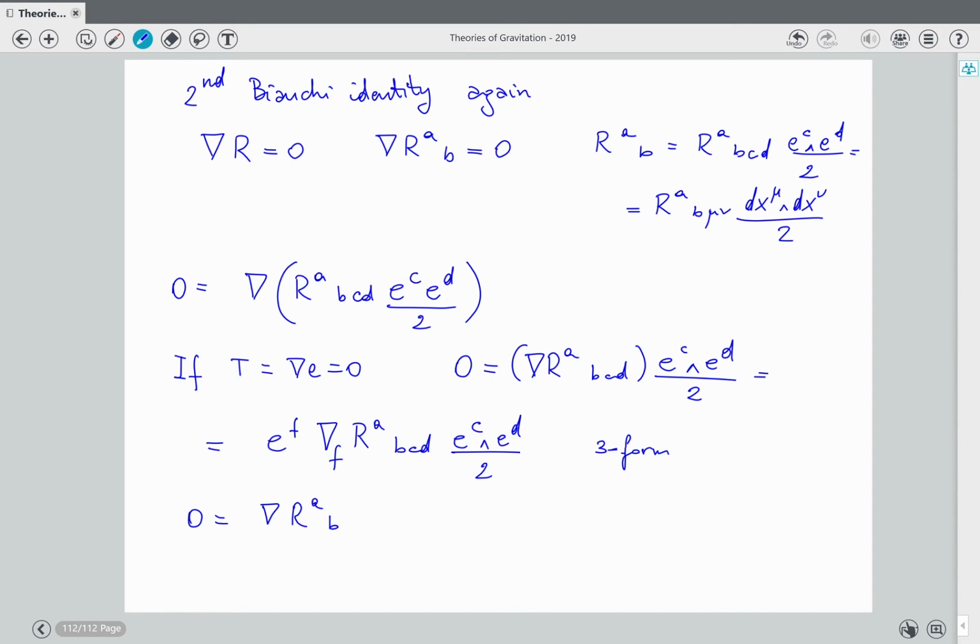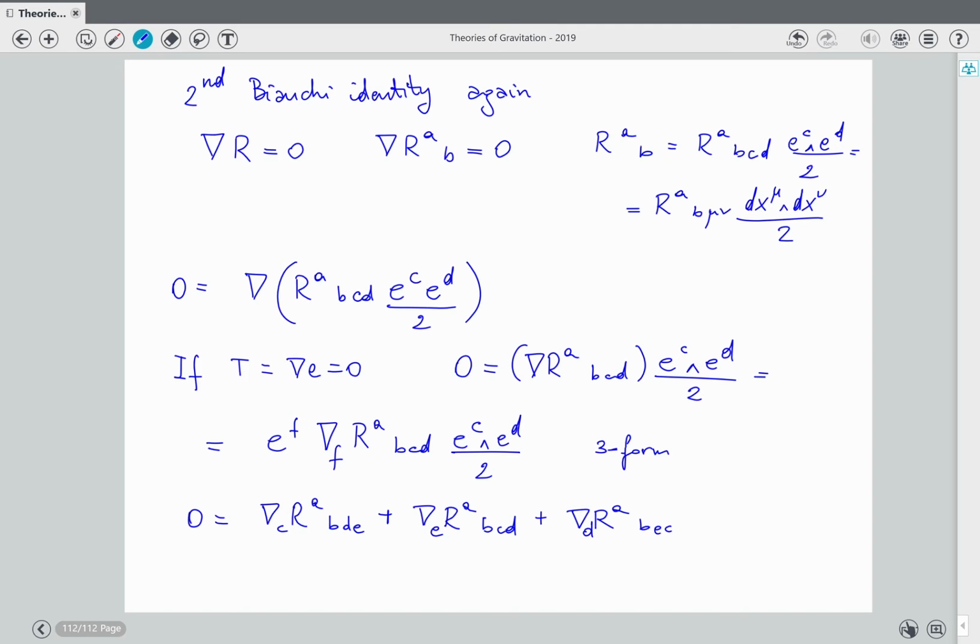A, B, you have to write it 3 times with 3 indices and perform the cyclic permutations. Let's say C, D, E, C, D, E, C, D, E. That is 0.